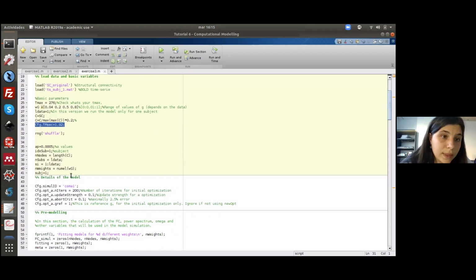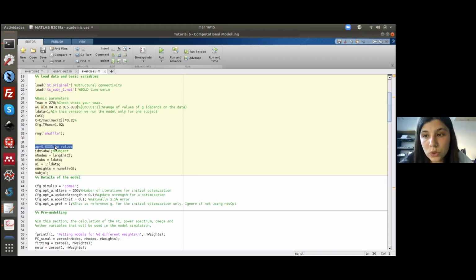Here we have again some values. In this script, what I present is also a homogeneous model. So in this case, we are not going to optimize the values of the local bifurcation parameters.